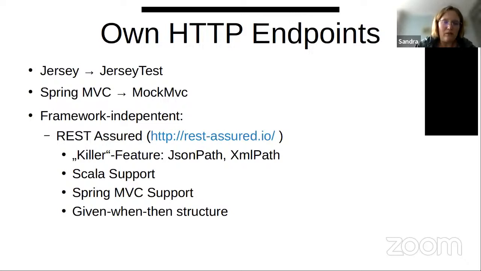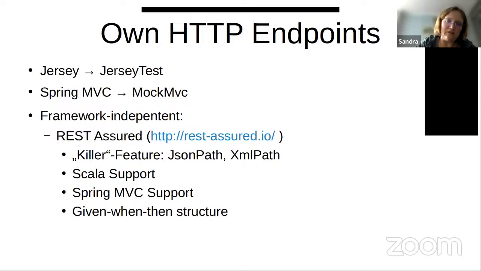But maybe I need something framework independent that I can use with REST Assured. And for me, the main feature of REST Assured is that I have better possibilities to write assertions on the response, and it gives me a very good structure given, when, then.